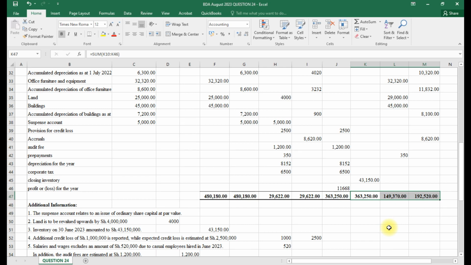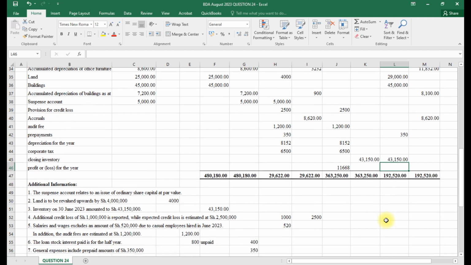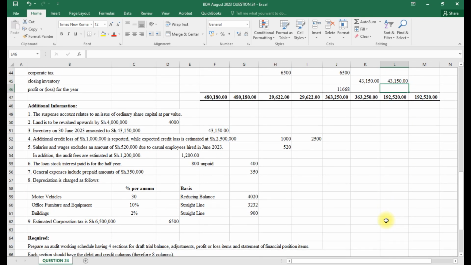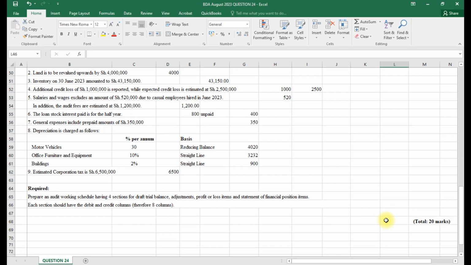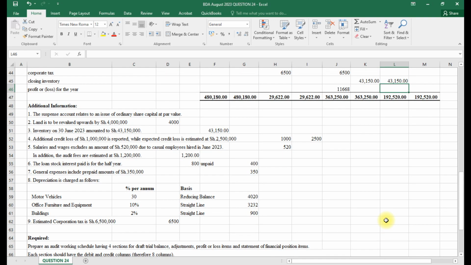Yeah, the closing inventory should be the problem, because closing inventory is an asset here. The closing inventory is an asset, and automatically it will balance at 192,520, 192,520, and that is the schedule. Yeah, that is the schedule that was supposed to be prepared.